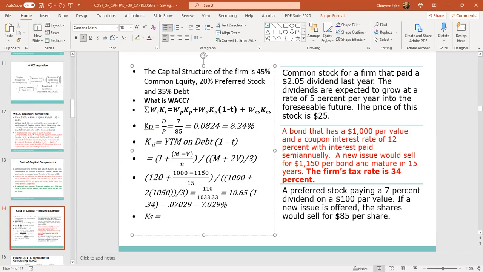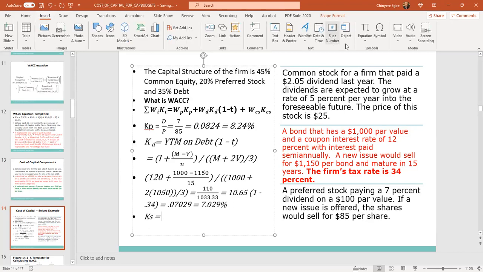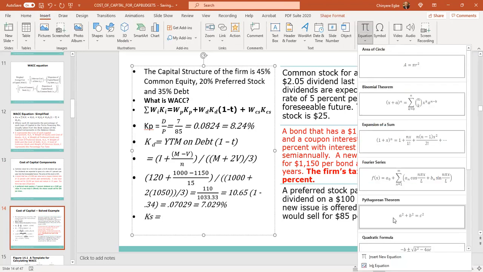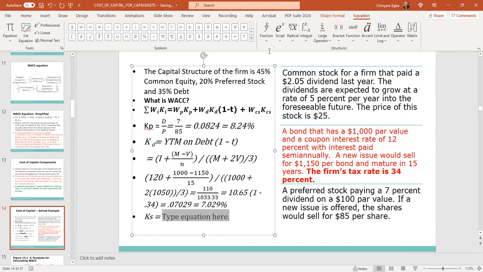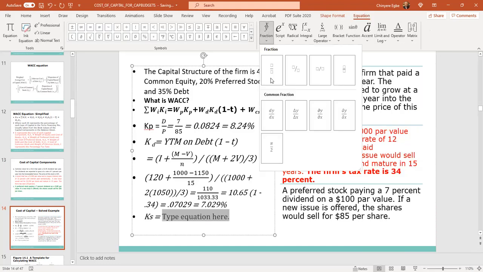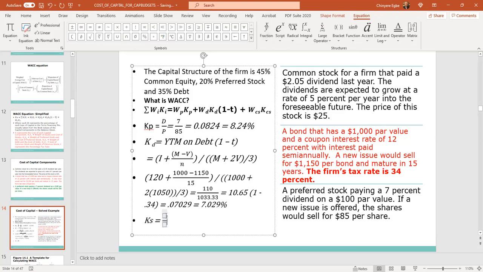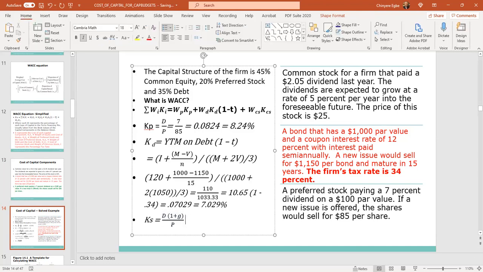And we know the formula for the common stock cost is D times 1 plus G over P. So these are formulas that you already know, okay?